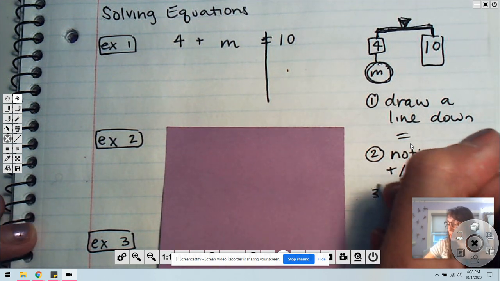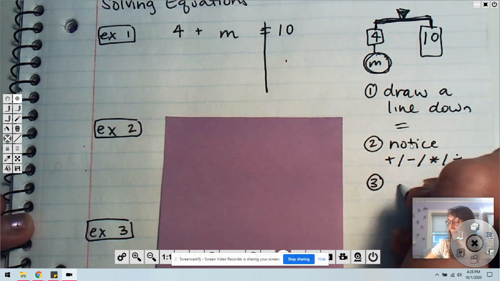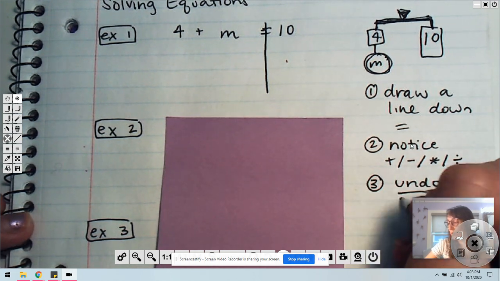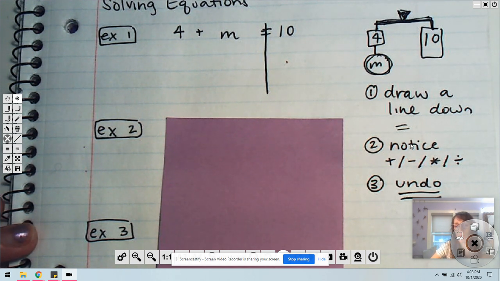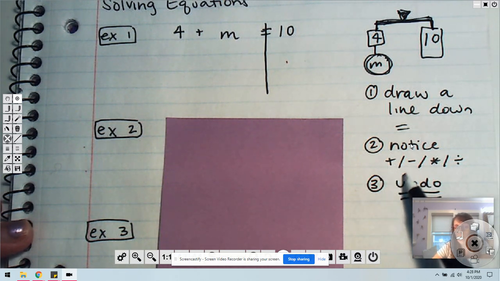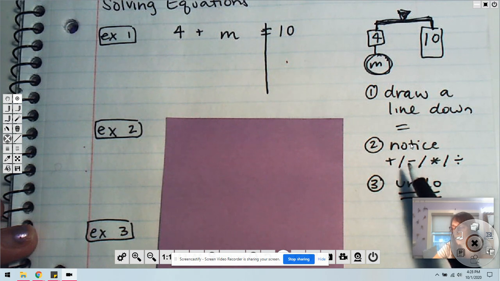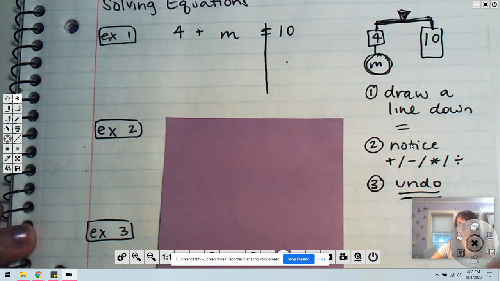To get my variable by itself, I have to undo those operations, and I undo them by using inverse operations, or opposites. If I see addition, I need to do subtraction. If I see subtraction, I need to do addition.